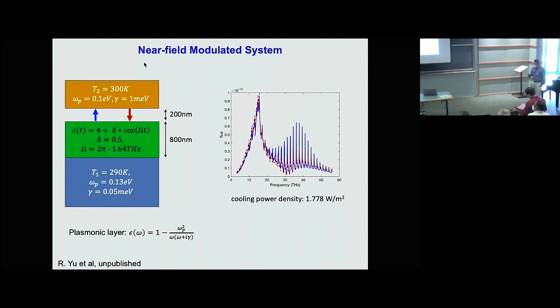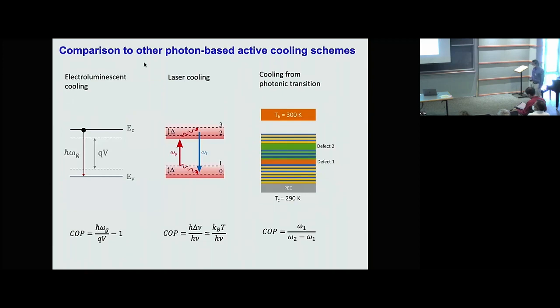Now, to summarize this part, it will be useful to compare this idea with other photon-based active cooling schemes. So up to now, there are really two major schemes that people have worked on. One is the electroluminescence scheme, which theoretically has high cooling coefficient of performance, but experimentally, especially in forward bias, is exceedingly difficult due to the need for very high efficiency electroluminescence, external efficiencies.